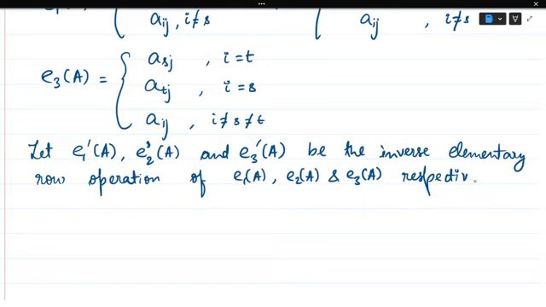Right. So for granted, we have just considered E1 prime of A, E2 prime of A as the inverse elementary operations.